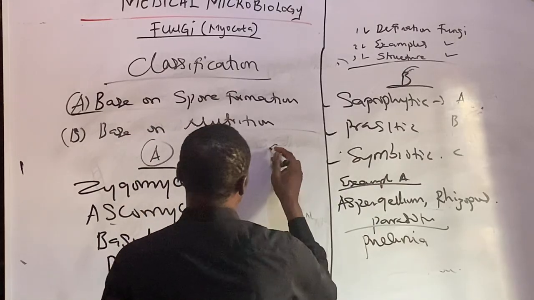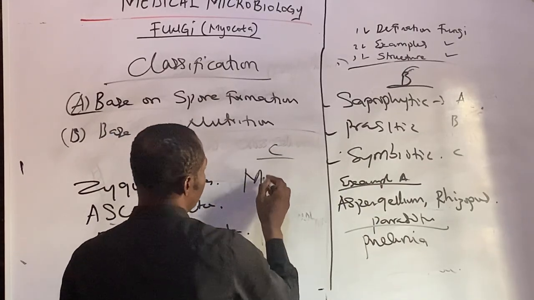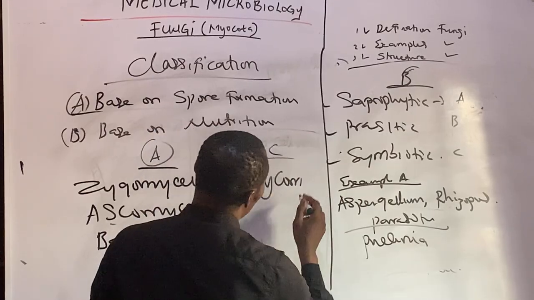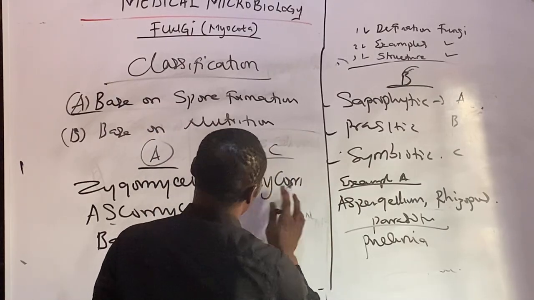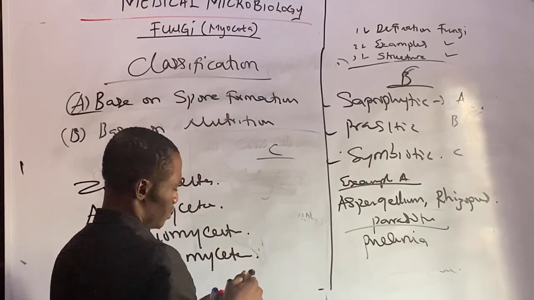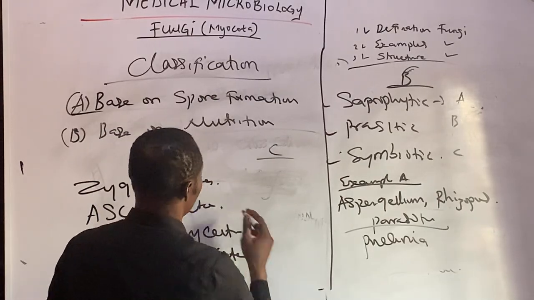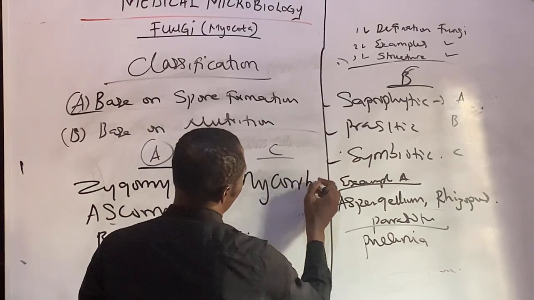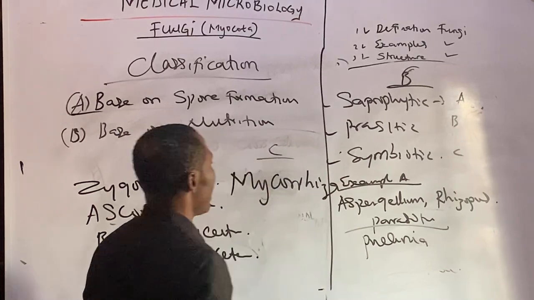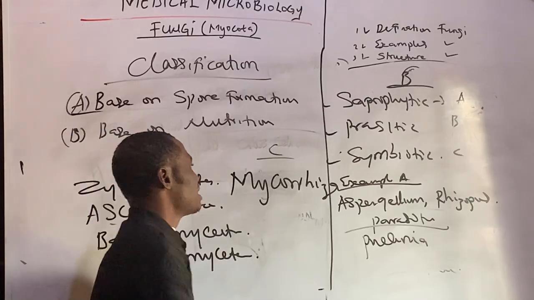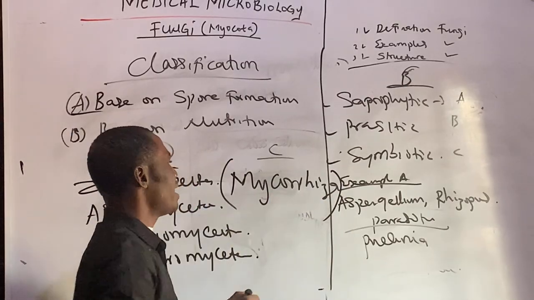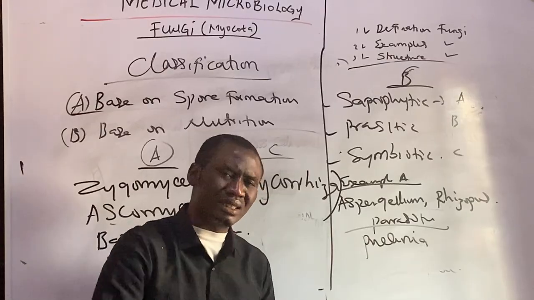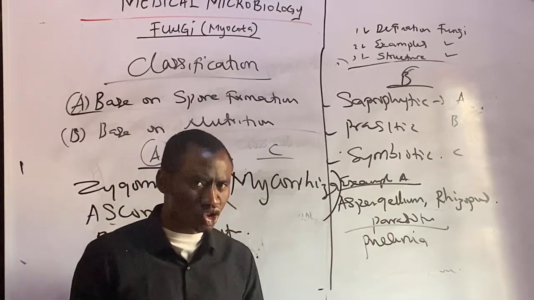So this is C, which is the, okay, let me spell it well now. Now, all these biological names, wonderful names. All right, mycorrhiza. The mycorrhiza is found in plants. It helps plants to absorb nutrients from the soil.